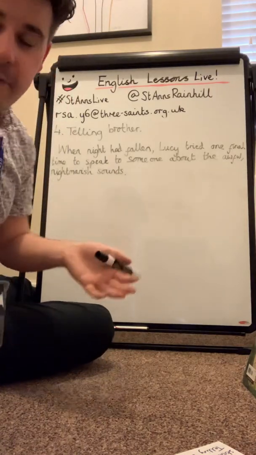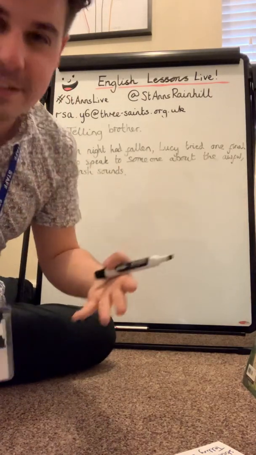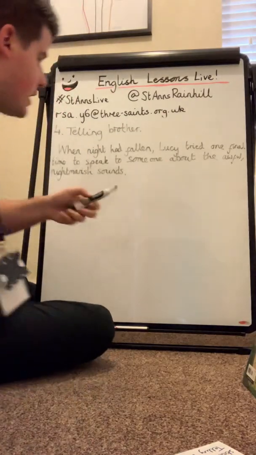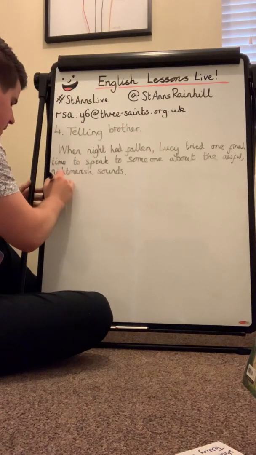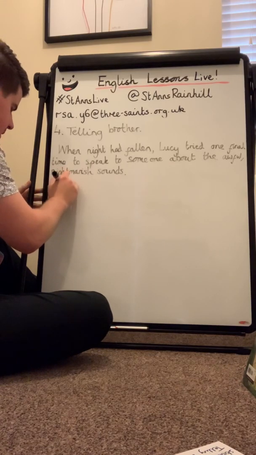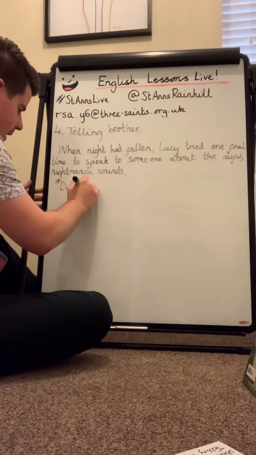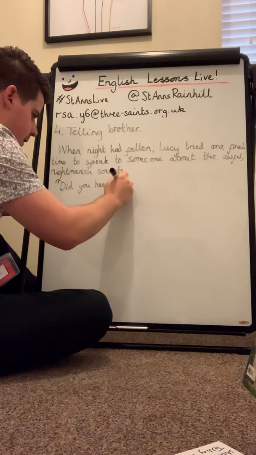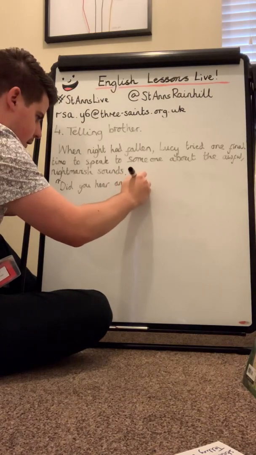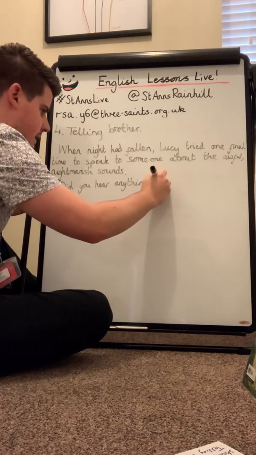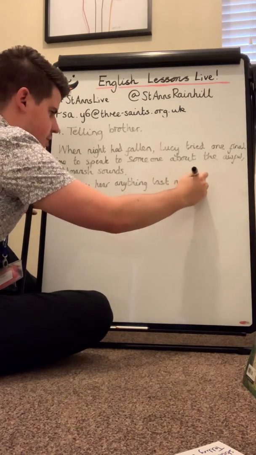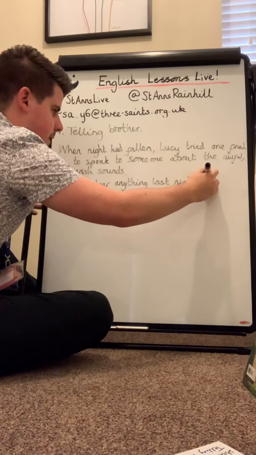The next thing we would have is Lucy saying, did you hear anything last night? And that's the same dialogue we've used throughout, which I'm going to do exactly the same. So, you speak a new line, speech marks, capital letter. Did you hear anything last night? Punctuation, speech marks.